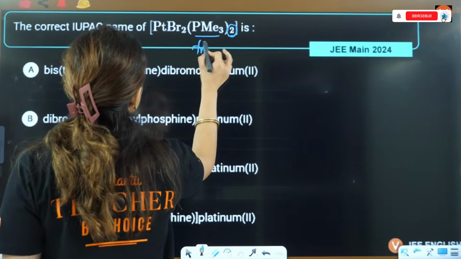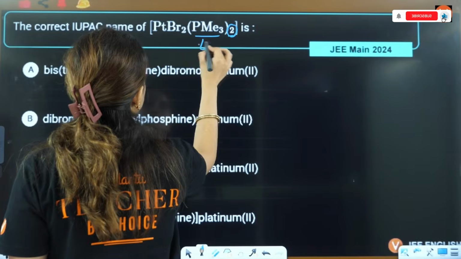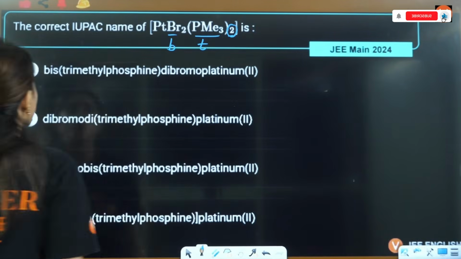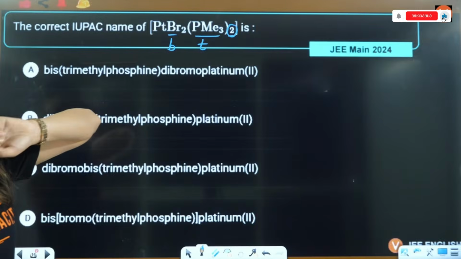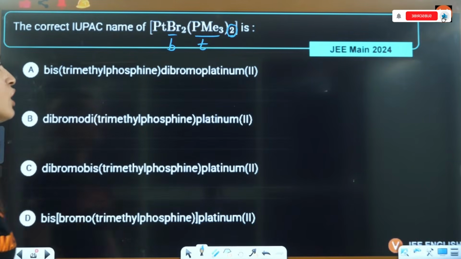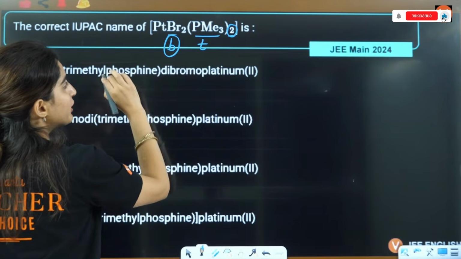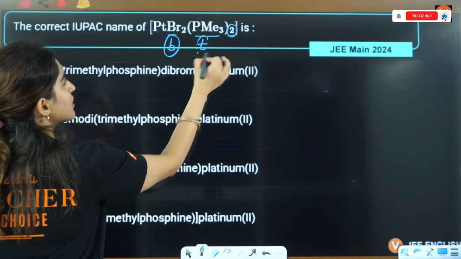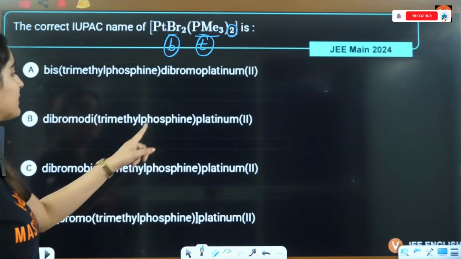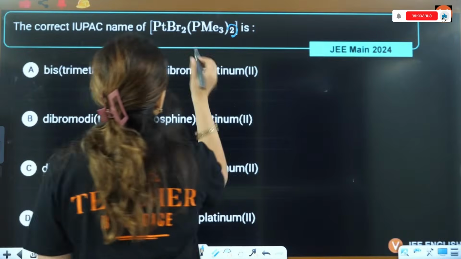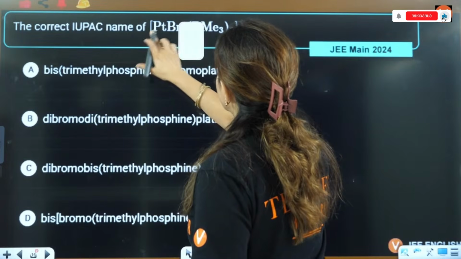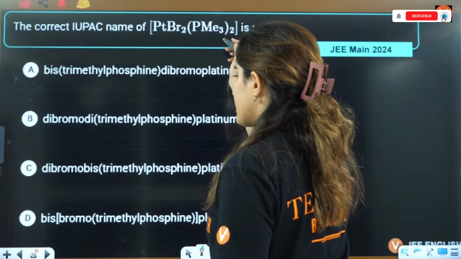This one starts with T, this one starts with B. So we will firstly write bromine, then T, because alphabetically I have to write. So firstly I will write dibromido, then I will write bis(trimethylphosphine). Then you just have to see the oxidation number here.